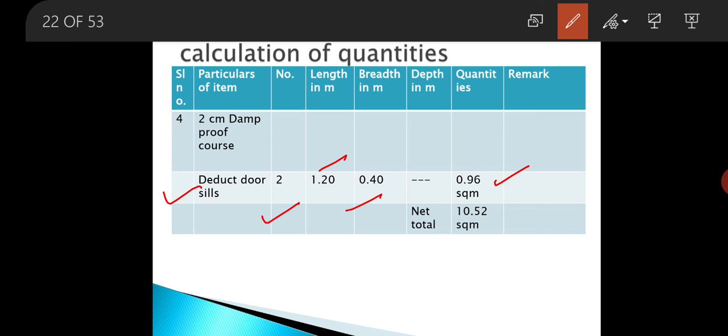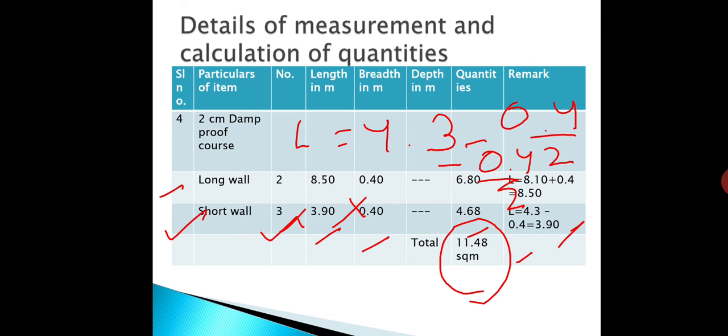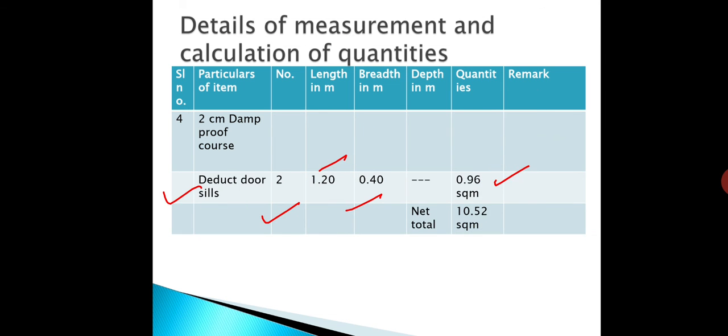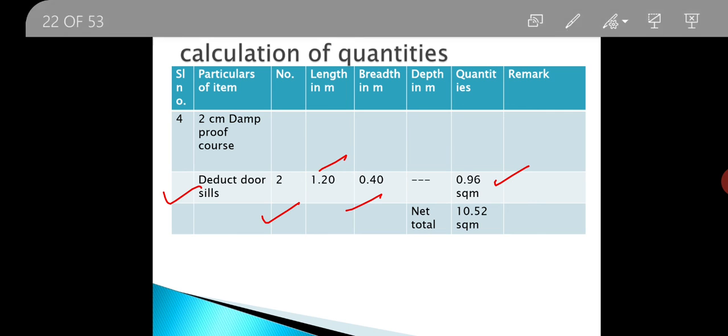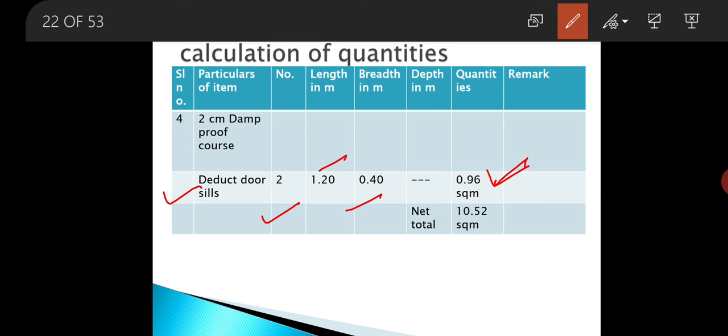Now, from the total quantity of 11.48 square meter, you will subtract this 0.96 square meter to get the net quantity of DPC as 10.52 square meter. So this is the final value of your quantity of DPC.